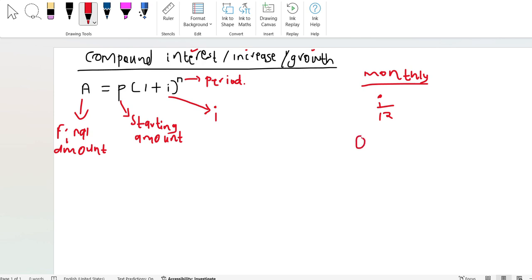If it is compounded quarterly, you divide this by 4. This is because there are 4 quarters in a year. So what do we mean by 4 quarters? We've got January, February, March, April, May, June, July, August, September, October, November, and December.